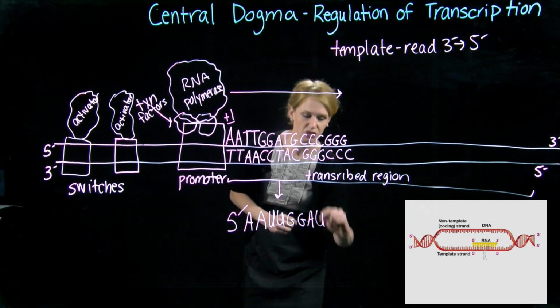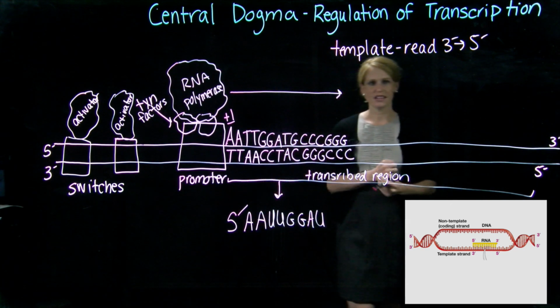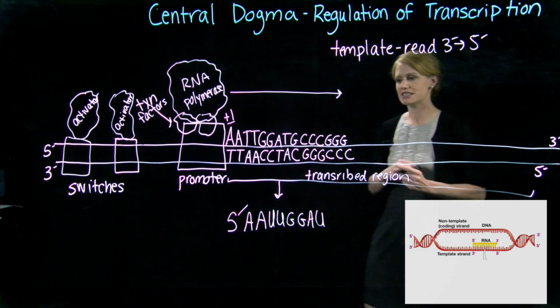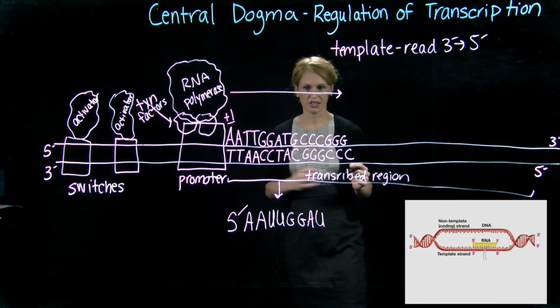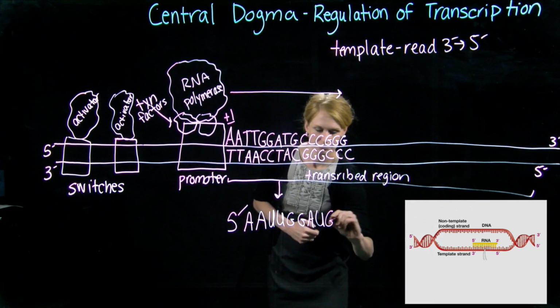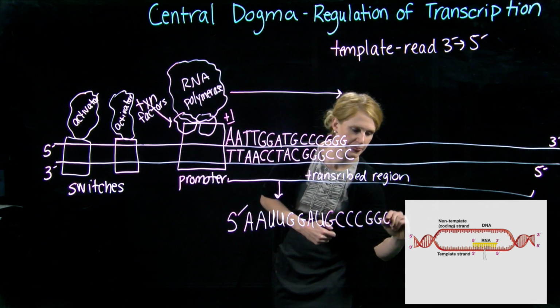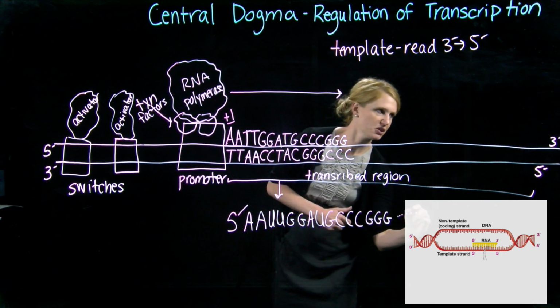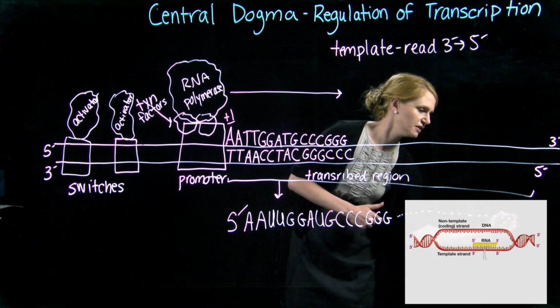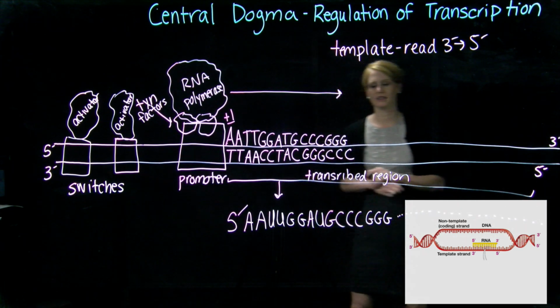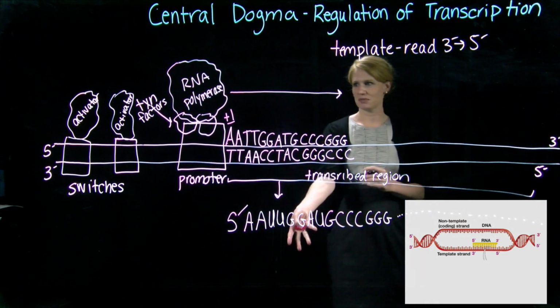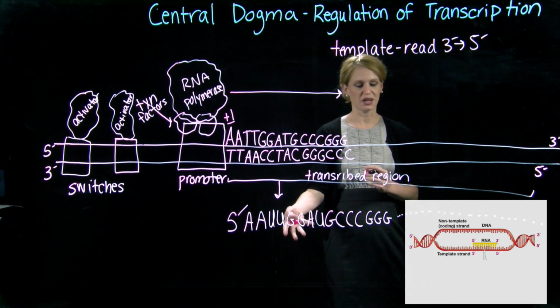And remember that there are U's in RNA that are complementary to the A's in DNA. There are not T's in RNA. Keep going here. So this is what RNA polymerase is going to make. This is called our transcript.